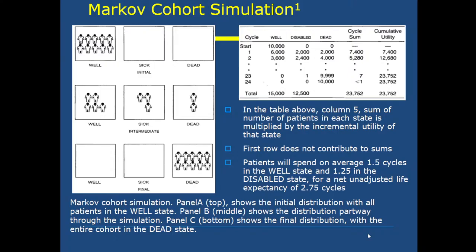Some of them stay well, some of them sick intermediate, and some of the initial group are dead. And at panel C, the bottom level shows the final distribution with the entire cohort in the dead state. At the final state, all the patients are dead.